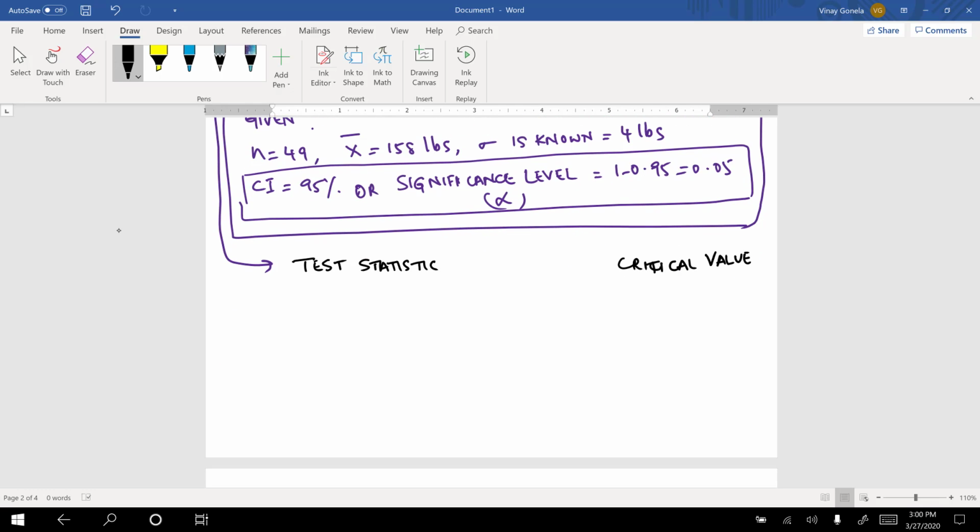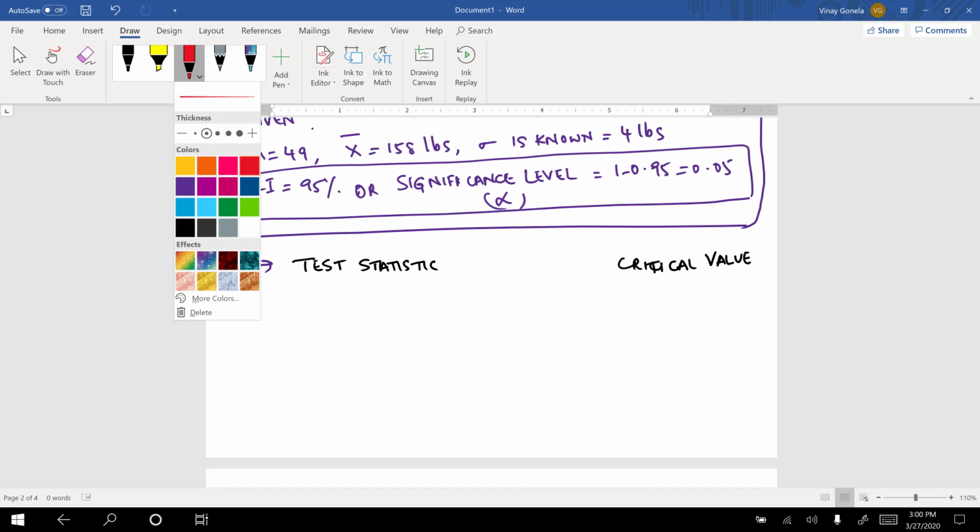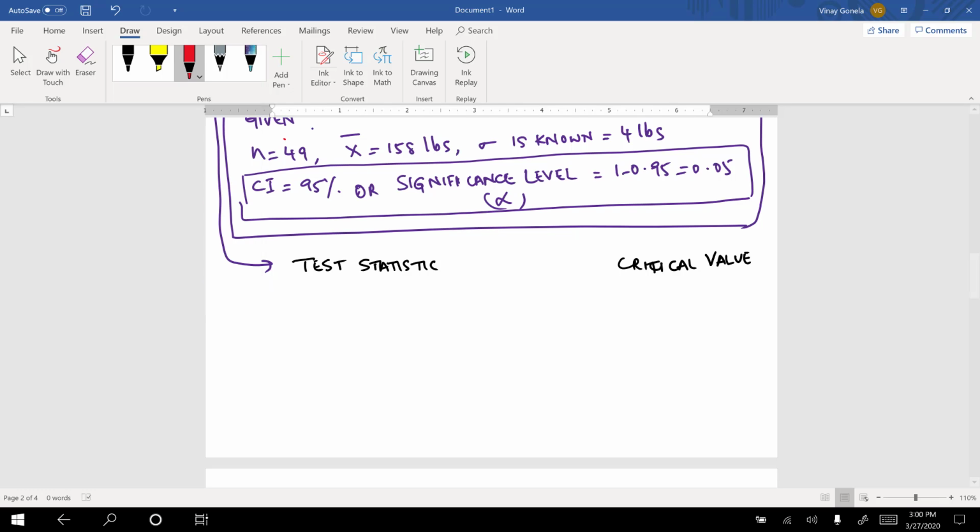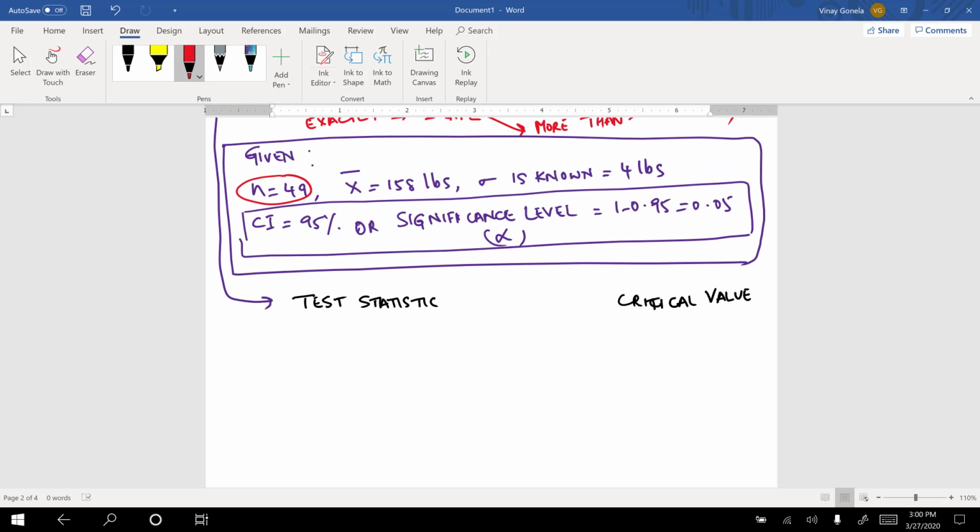So as you know, the sample size n is 49, which is greater than 30, and your sigma is known.